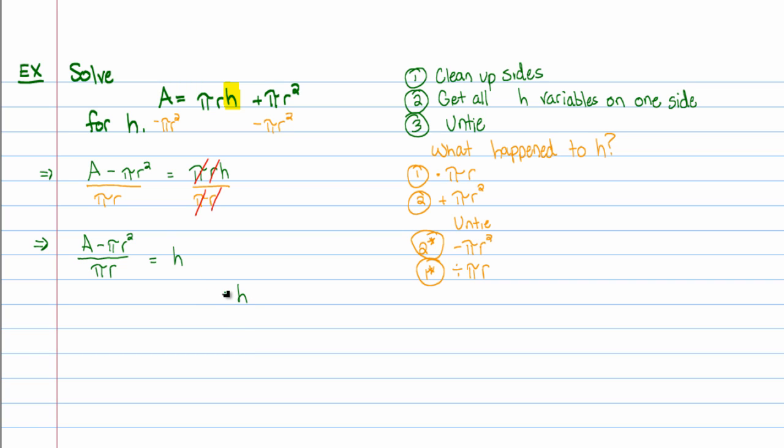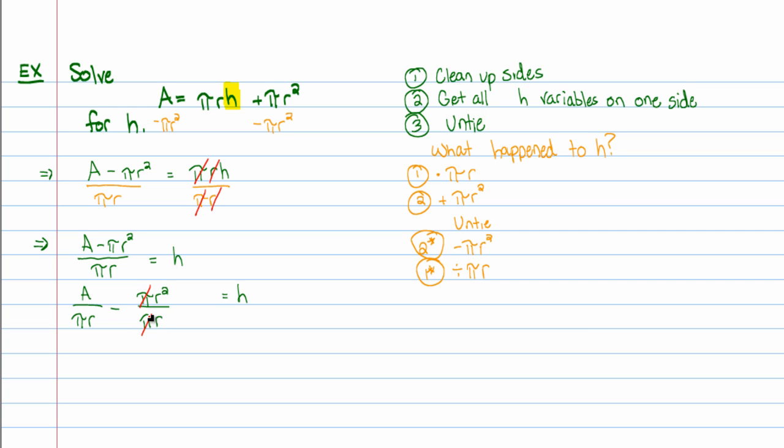However, some might want to separate this out and say, oh, that's like A over pi r minus pi r squared over pi r. The only reason why somebody would want to do this is because they might see that, oh, those pi's, if I could separate out this fraction, those pi's would quote unquote cancel, and so would the r's a little bit. And actually they do, right?